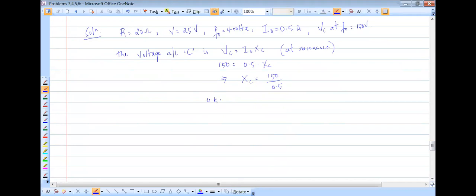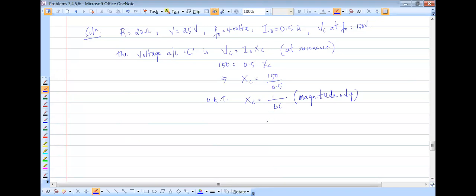We know that XC is given by 1 by omega C, only the magnitude we have considered, there is no J term.